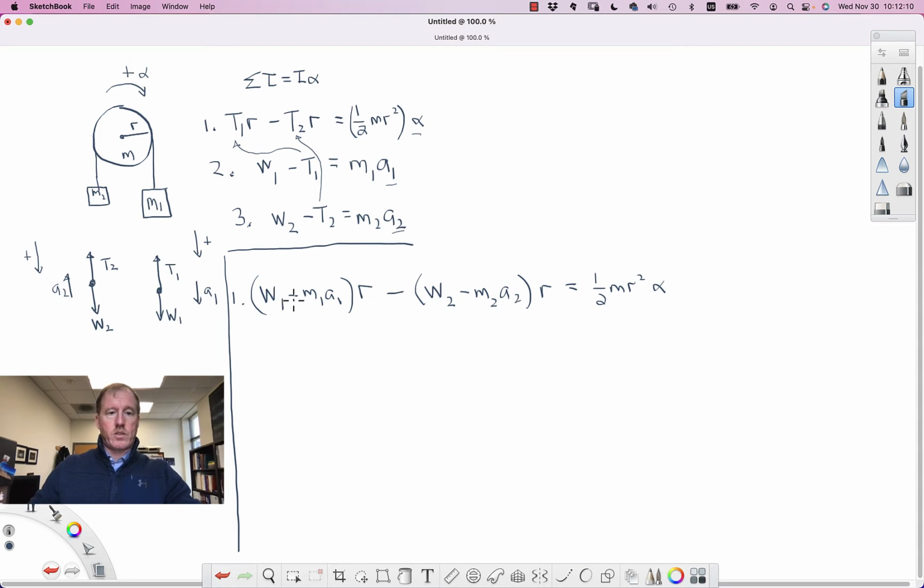Okay, now let's plug in some other stuff here. We know weight 1 is m1 times g. So I'm going to plug that in, m1 times g, and factor out r right away.